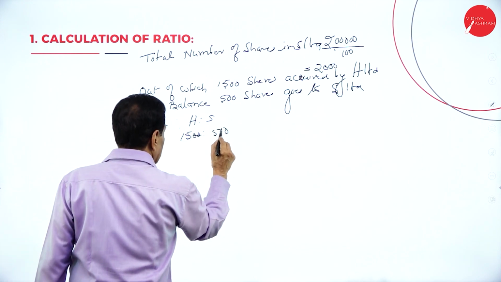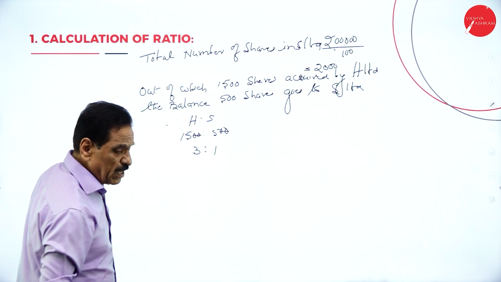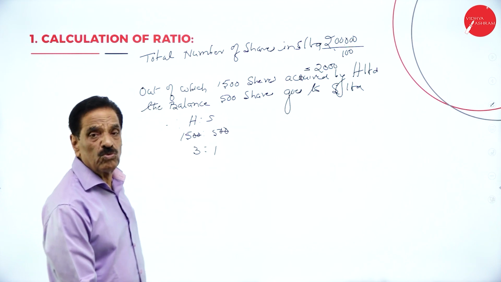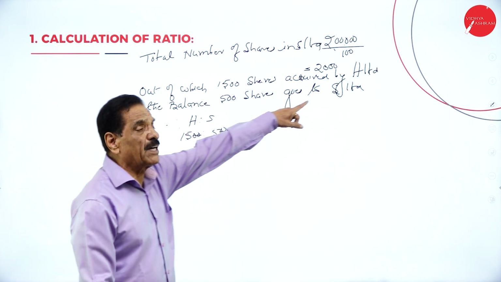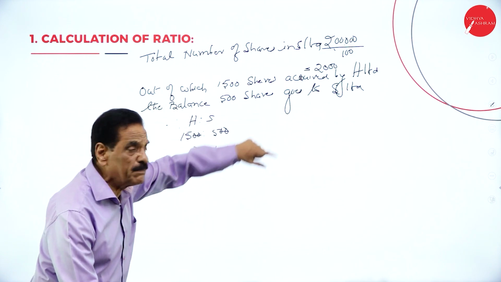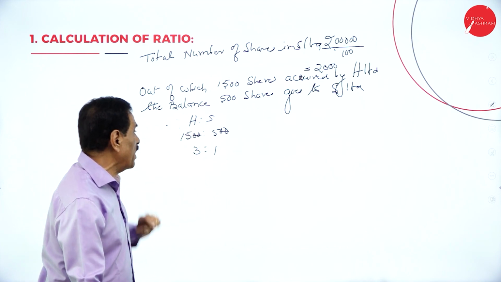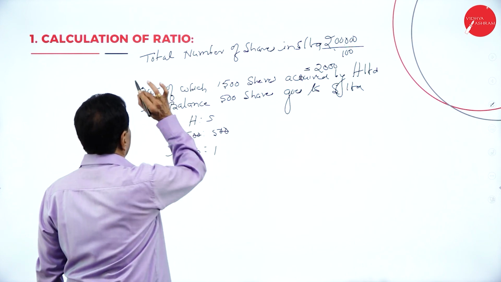Cancel the 0s. 5 3s are 15. So they are in the ratio of 3:1. The total number of shares in S Limited is 2,000, out of which 1,500 shares are acquired by H Limited. The balance 500 shares goes to the minority shareholders of S Limited. So they are in the ratio of H is to S, 1,500 is to 500. So they are in the ratio of 3:1. This is the first step, ratio.